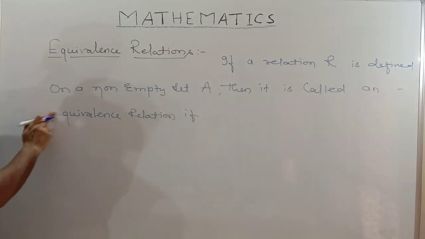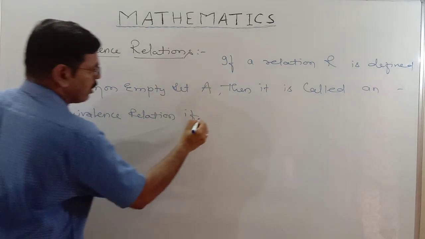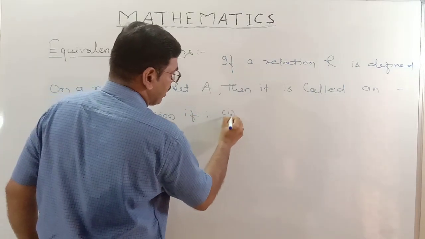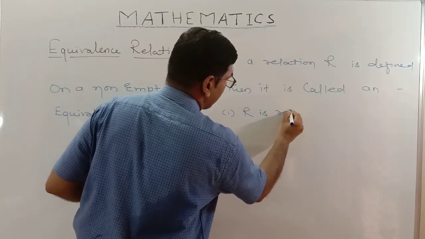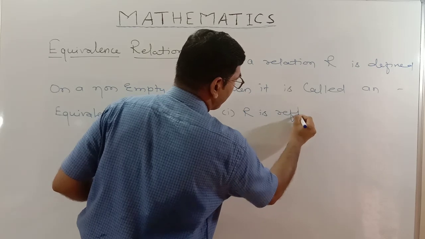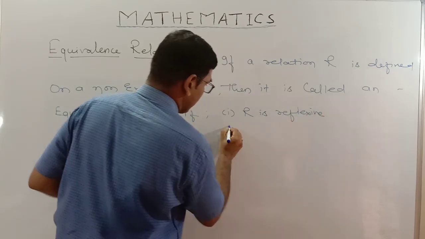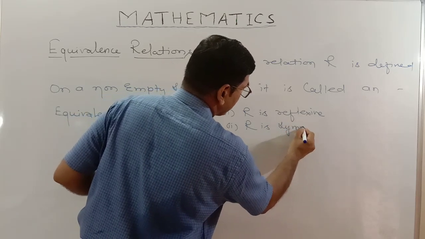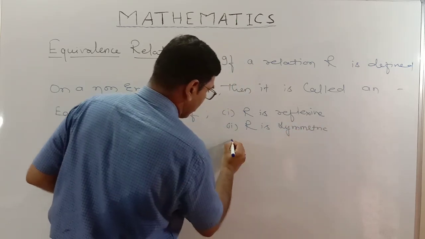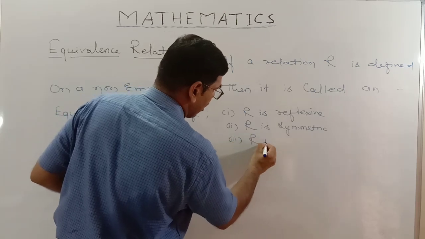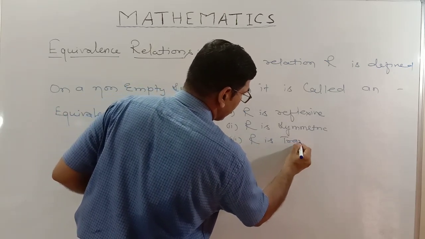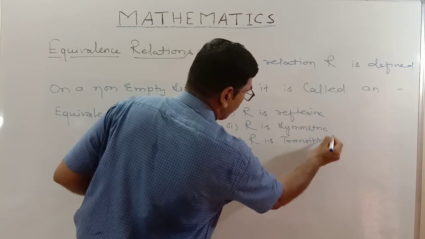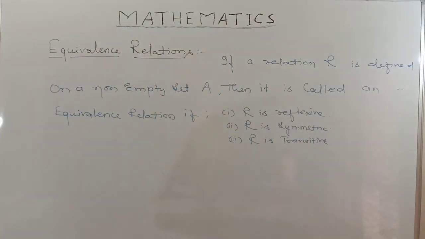If first, R is reflexive, second, R is symmetric, third, R is transitive. Okay, if R is fulfilling all the 3 conditions, then it is called the equivalence relation.